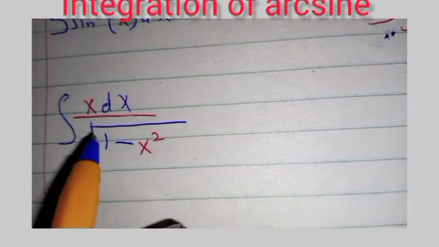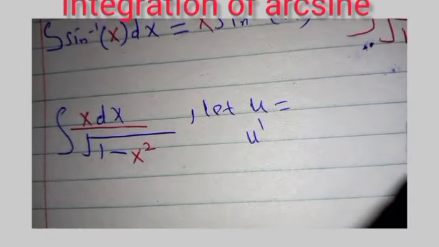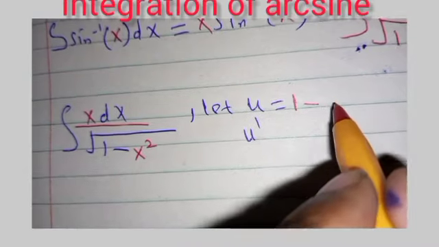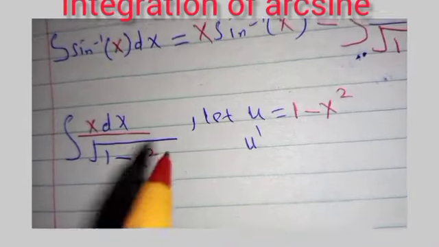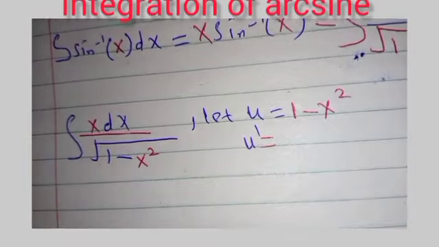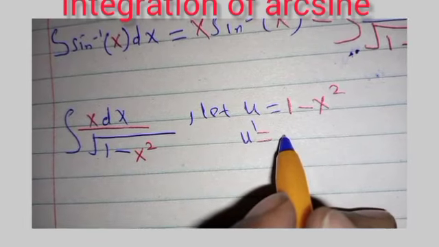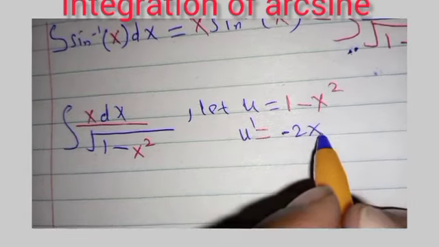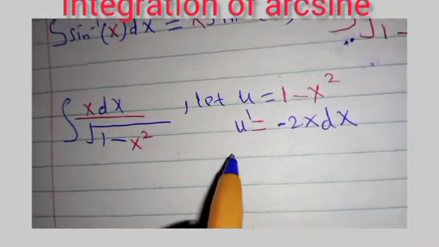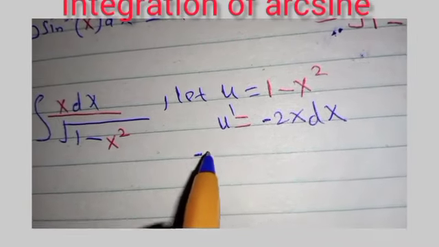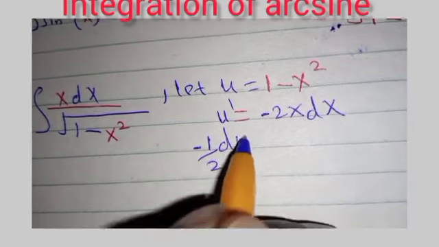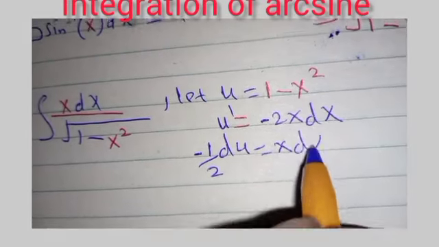We are going to integrate this part by letting our u be equal to 1 minus x squared. Our u prime, when you differentiate this one, you shall get negative 2x dx. You can divide both sides by negative 2 to get negative 1 over 2 du, which is equal to x dx.